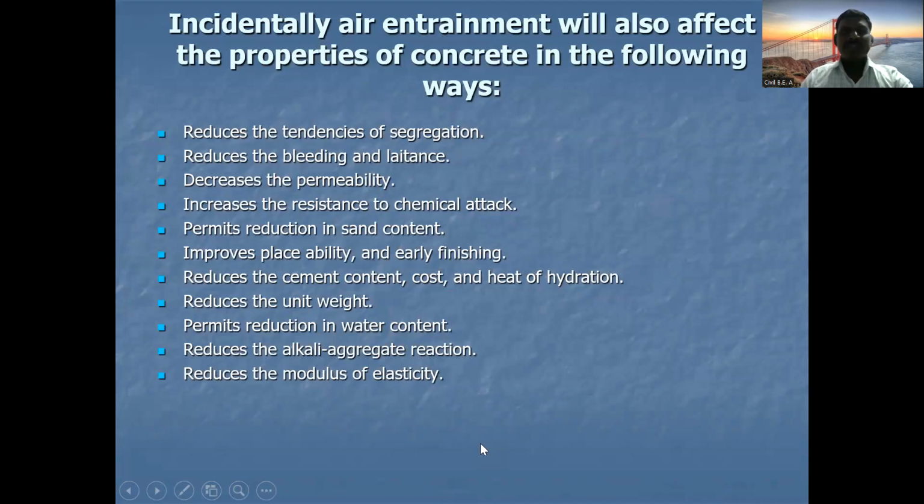It reduces the tendency for segregation, reduces bleeding and laitance, decreases permeability, increases resistance to chemical attack, permits reduction in the sand content, improves placeability and early finishing, reduces the cement content, cost and heat of hydration, reduces the unit weight of concrete, permits reduction of water content, reduces the alkali aggregate reaction, and reduces the modulus of elasticity.